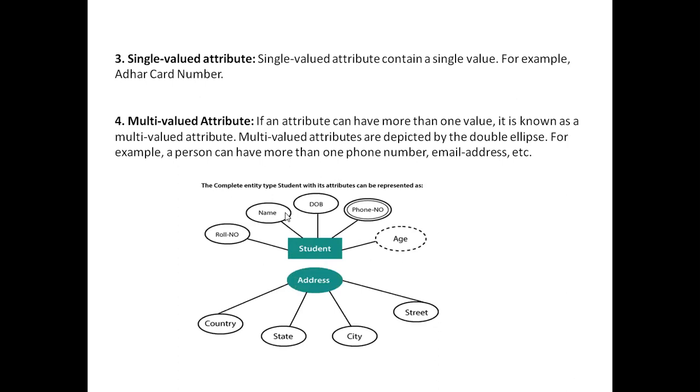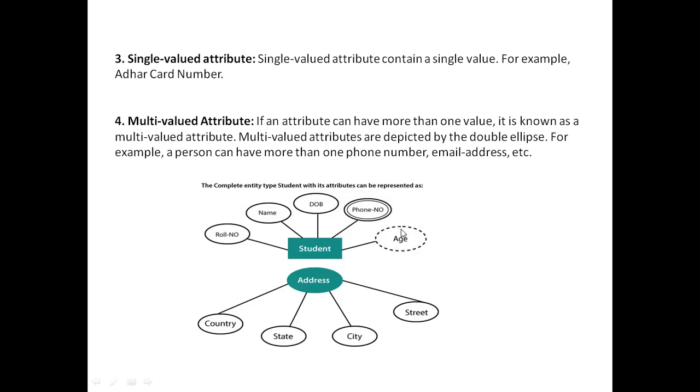Now, a student is an entity which has a roll number, name, and date of birth. Age is a derived attribute. How is it derived?